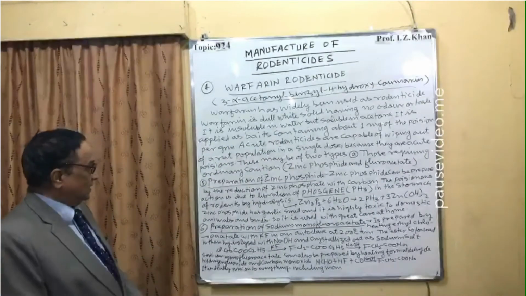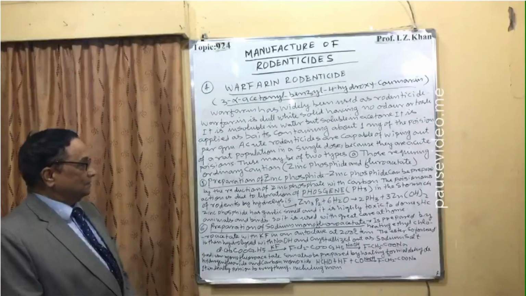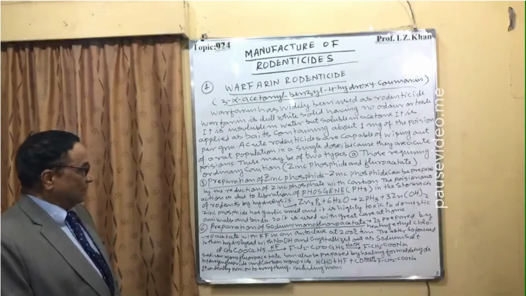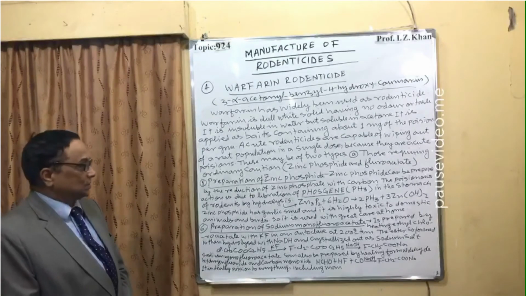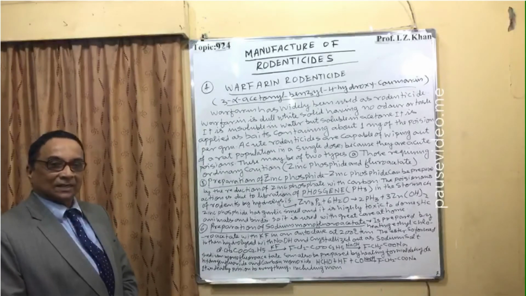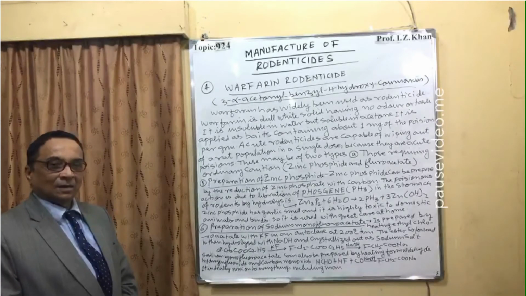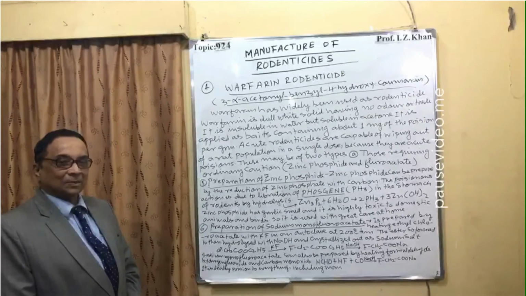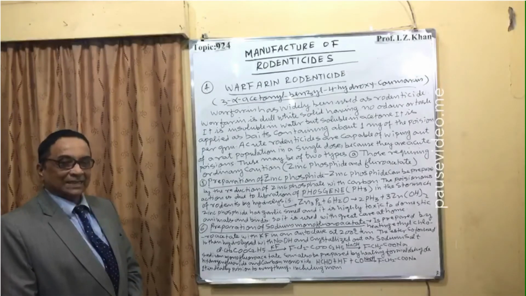Zinc phosphide has a garlic smell and it is highly toxic to domestic animals and birds. So it is used with great care at home, because if your domestic pet animal or bird eats it, they will be killed because of the production of phosphine in their stomach.